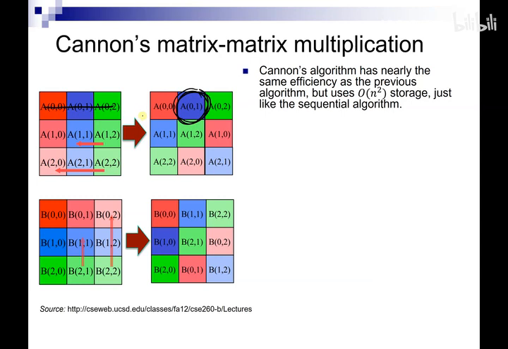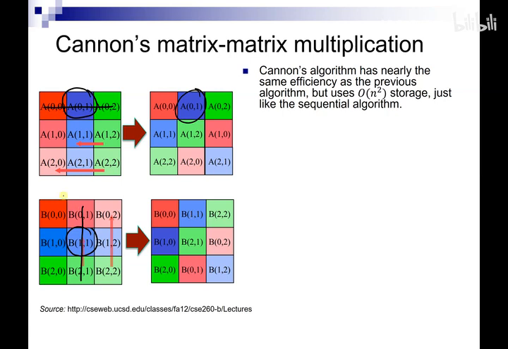You need to take this row of A and multiply by this column of B. Part of that multiplication involves taking this blue chunk here and multiplying by this blue chunk here. So you need to take A01 and multiply by B11. Now you see that after the shifting, this processor exactly has A01 and he has B11.